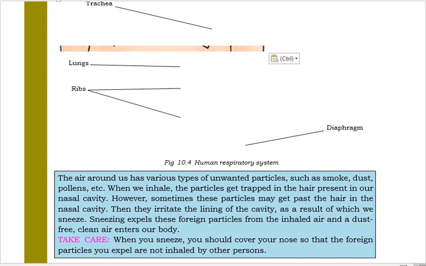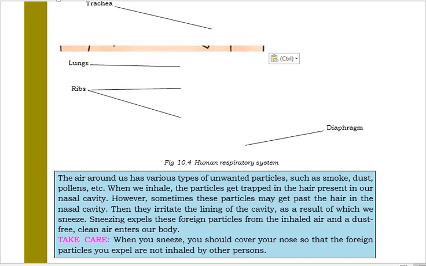Or if we walk through the road and a vehicle is passing and the dust comes out, then sometimes we sneeze. Why are we sneezing? Because these particles get past the hair in the nasal cavity and irritate the lining of the cavity, as a result of which we sneeze.